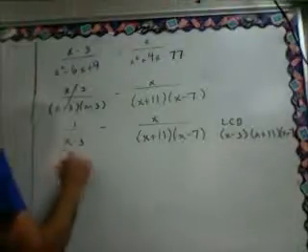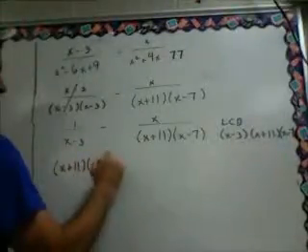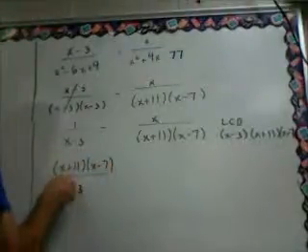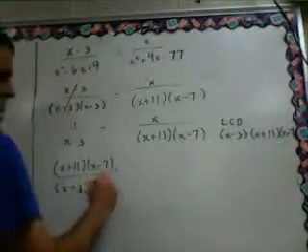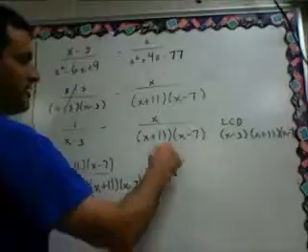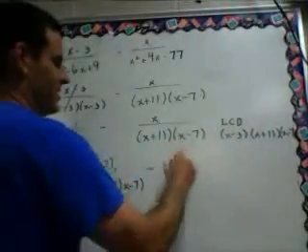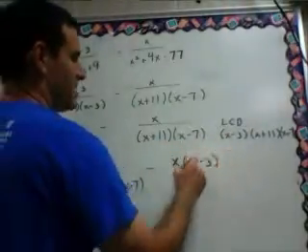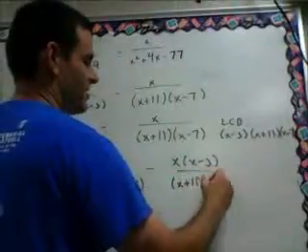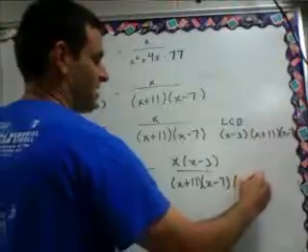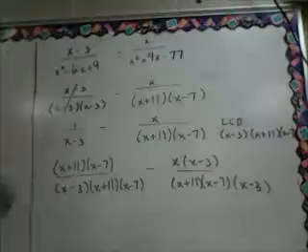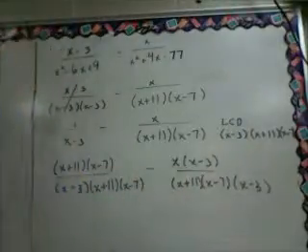So we'll give that to the top and to the bottom. This fraction only needs the x minus 3. I've got to give it to the top and to the bottom. And we now have the same denominator, even though the factors are presented in a different order. So these denominators do match, even though they're in a different order.